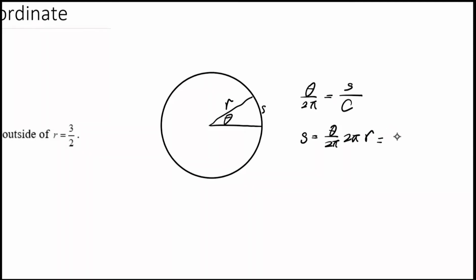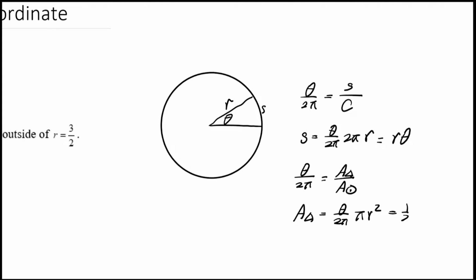So your S is equal to R theta. That's a convenient formula. Make a note of it. This is important. Likewise, theta to 360 is the same ratio as the area of the sector to the area of the circle, correct? So the area of the sector is equal to theta over 360, this is what we just did, times the area of the circle. And that gives you 1/2 r squared theta. How about that?